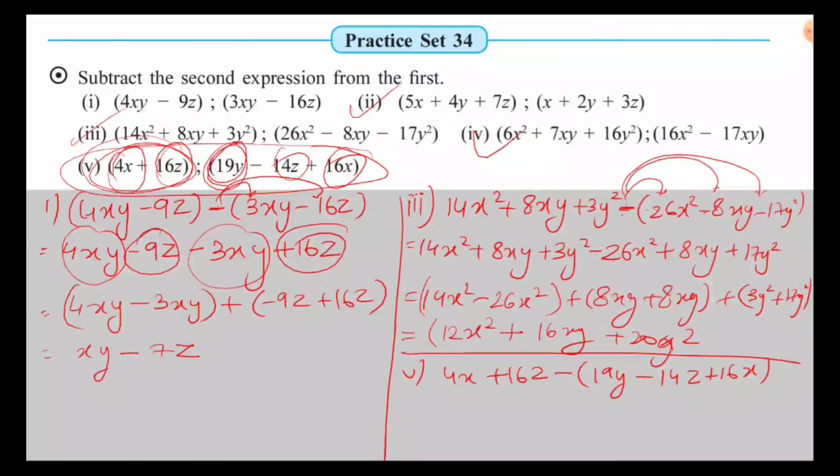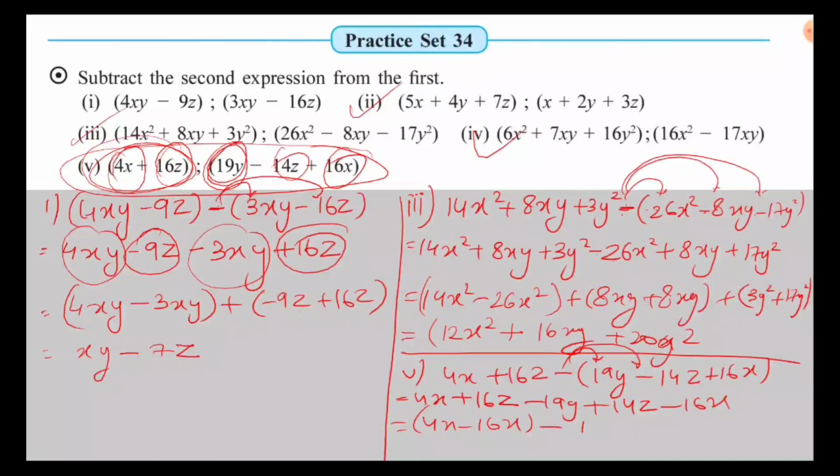Now you all can see that we have to write the like terms together, that is 4x. ओके, सबसे पहले तो हमारा माइनस साइन अंदर जाके सबकी साइन चेंज करेगा. ओके, तो 4x प्लस 16z will be as it is, but this will become minus 19y, this will become plus 14z and this will become minus 16x. Now 4x will be getting subtracted with 16x.